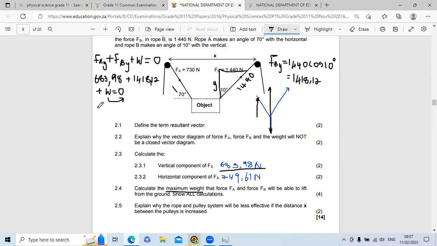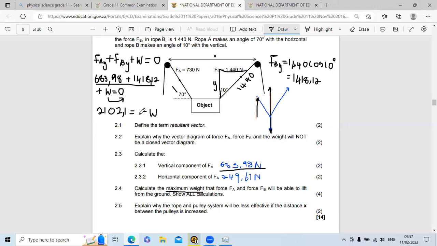So you add these two: 118.12 plus 683.98. You end up with 2102.1 is equal to negative weight.